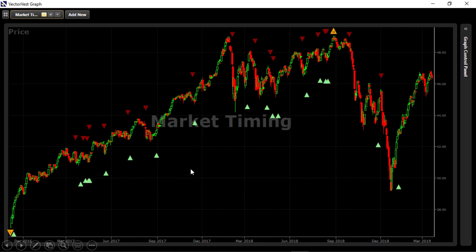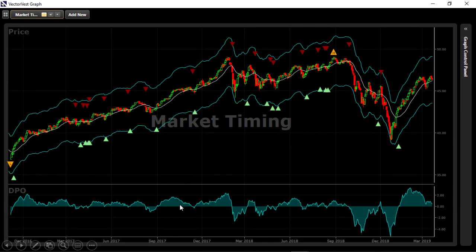We call it our DEW timing system. The DEW represents the technical indicators used, such as the detrended price oscillator, a 30-day weighted moving average, and upper and lower envelopes. All you need to know is when the signal changes, it puts a green arrow on the chart. Okay? Green arrow means you buy. Red arrow means you stop buying.